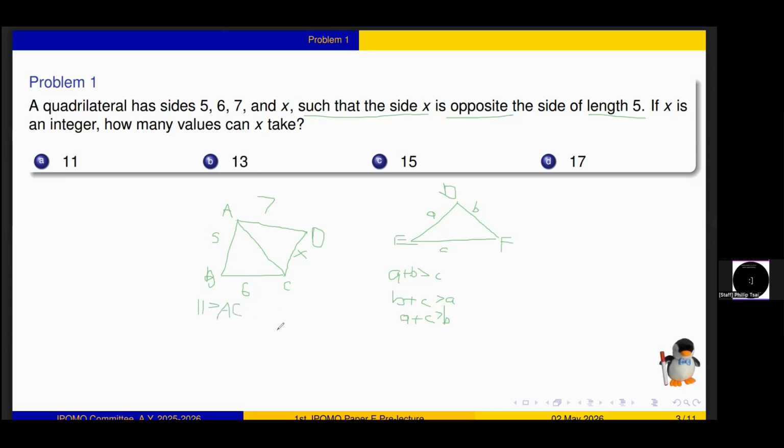The reason why I didn't put the greater than or equal to sign is because this figure is a quadrilateral, and we usually don't include degenerate quadrilaterals, I mean quadrilaterals with degenerate triangles, because they don't look like quadrilaterals.